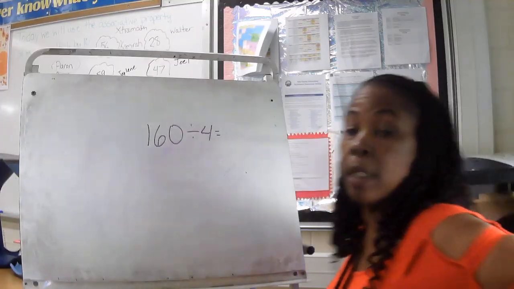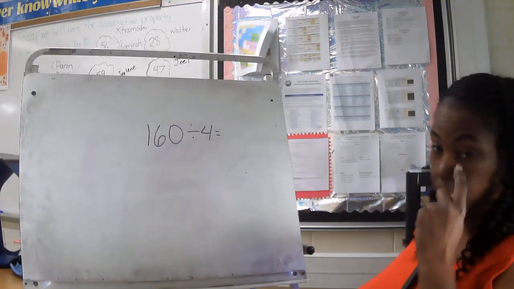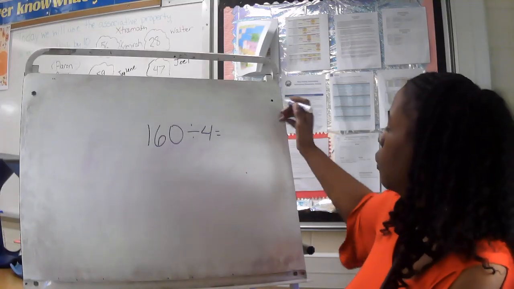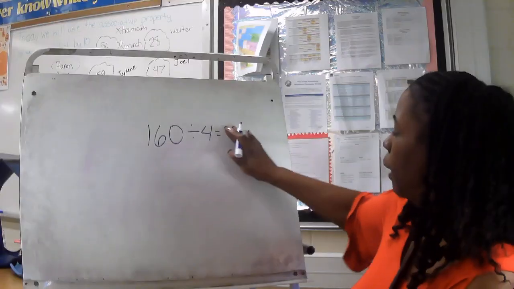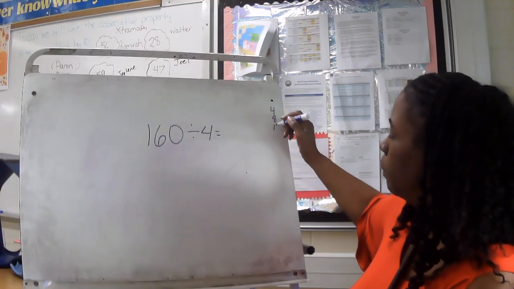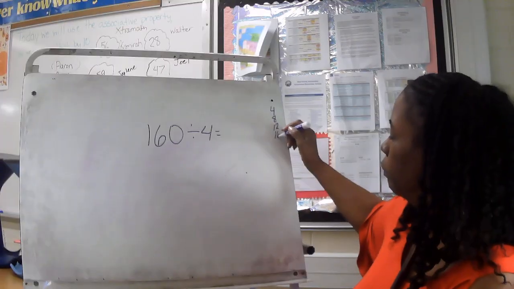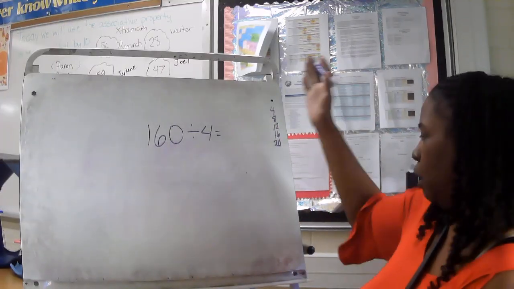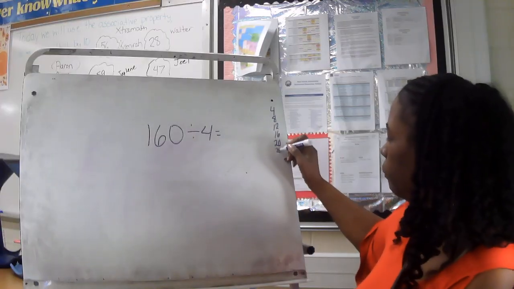Okay? So they know they need to have their multiples. The single digit is 4, so we need to have our multiples of 4. So they're going to come on along, leave some space, 4, and they know that their multiples must be written in order, straight down. Okay, not sideways, straight down, and in one line.